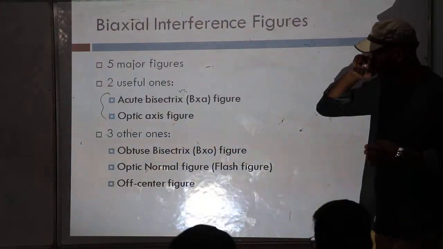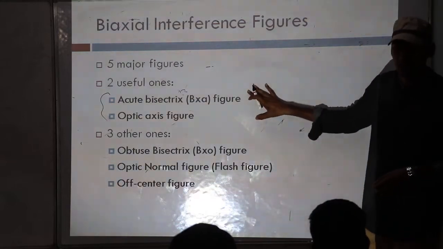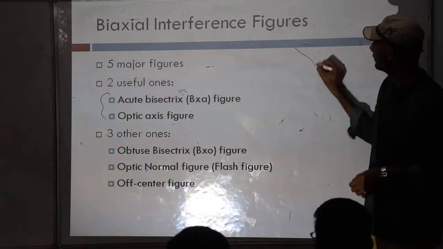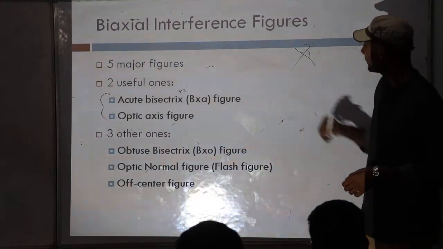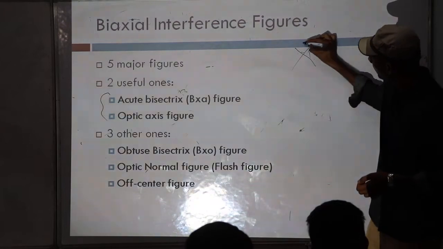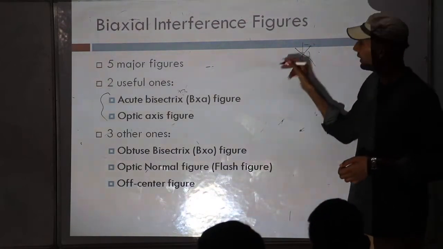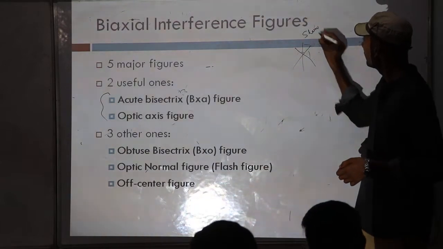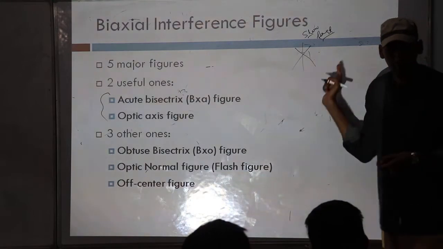These are mainly used. So acute bisectrix figure means, as we have discussed, there is formation of 2V angle, one of them will be acute, one of them will be obtuse. The vibration which is bisecting the 2V angle, whether that will be slow or fast, we don't know.